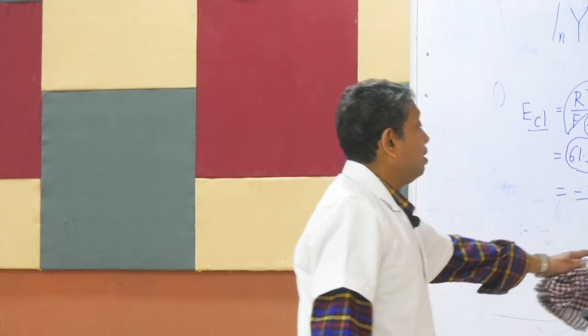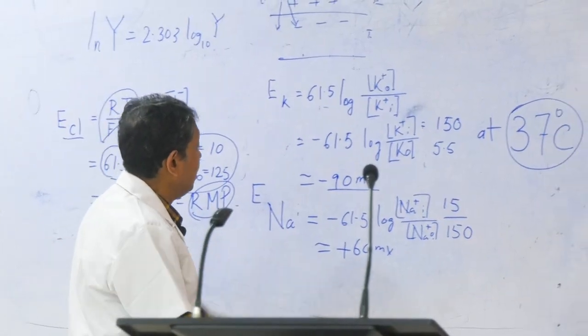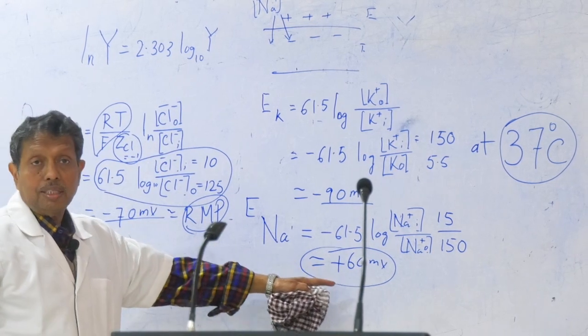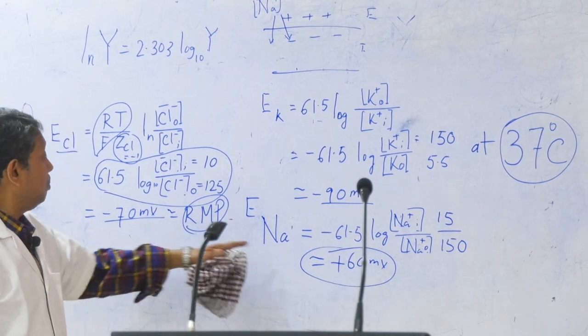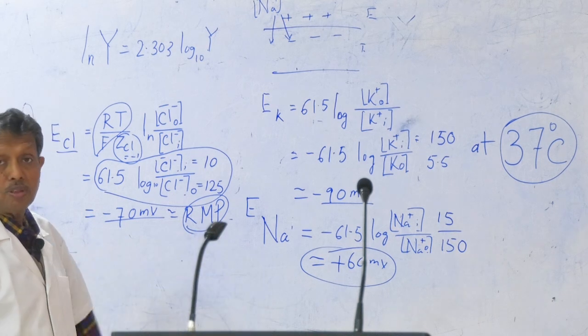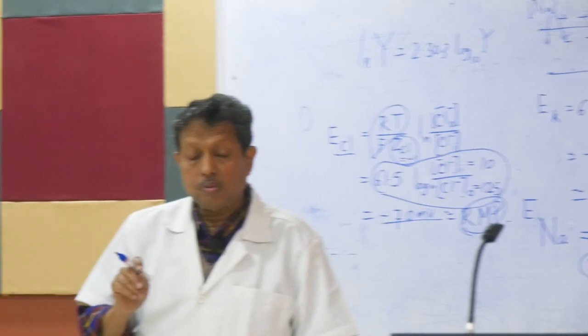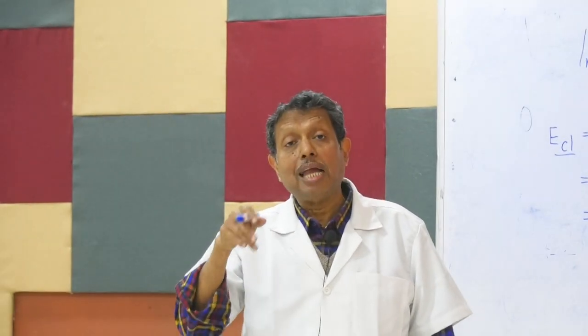Now we think that as sodium ion has a tendency to enter due to the membrane potential, due to the equilibrium potential being far from the resting membrane potential, and some of the sodium ion channels are open, with time they will enter.